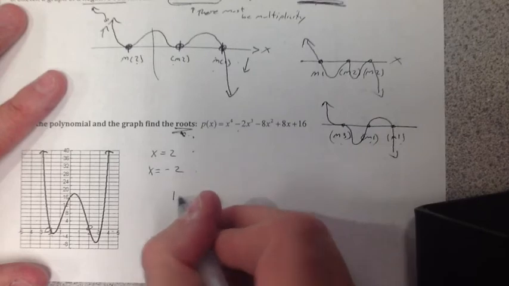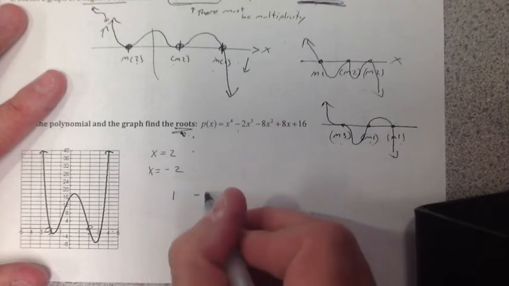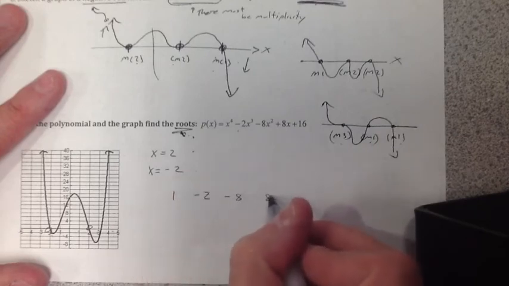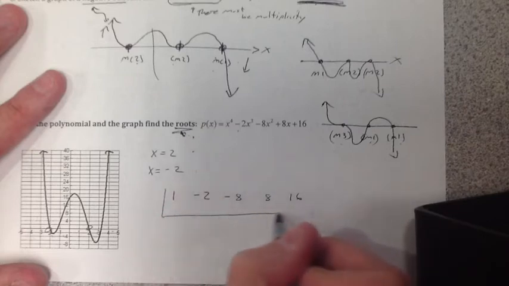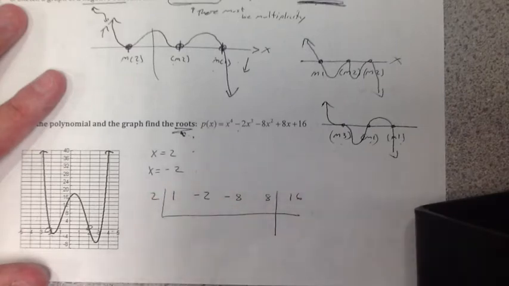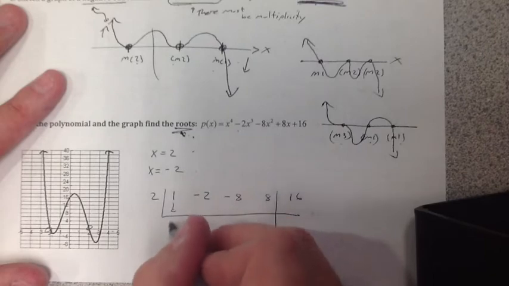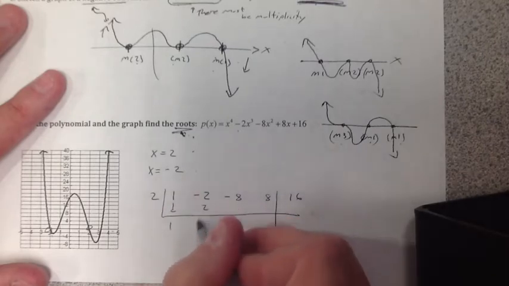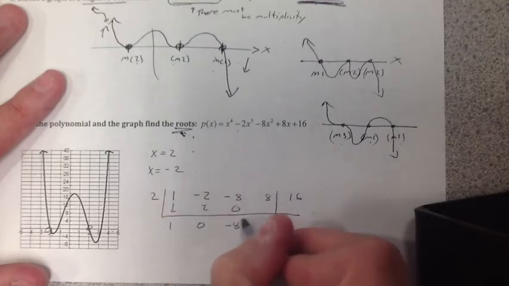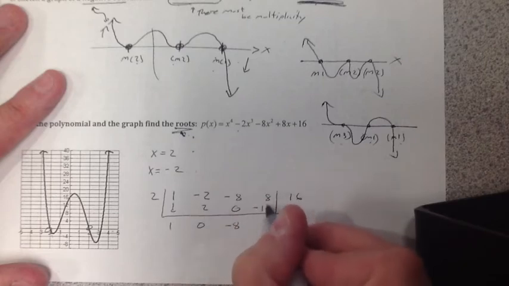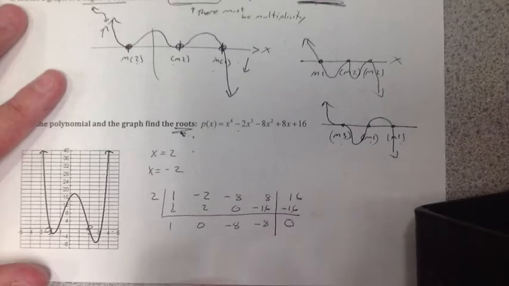So if I take my polynomial, -2, 1, -2, -8, 8, 16, and I divide that by my first root, that's going to give me 1, 2, 0, -8, -16, which gives me -8, which gives me another -16, which is 0.